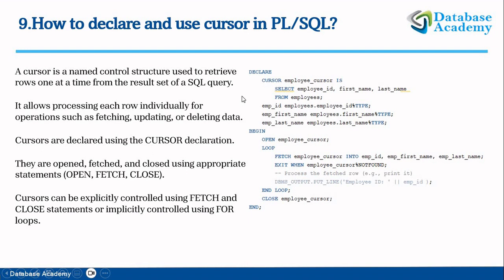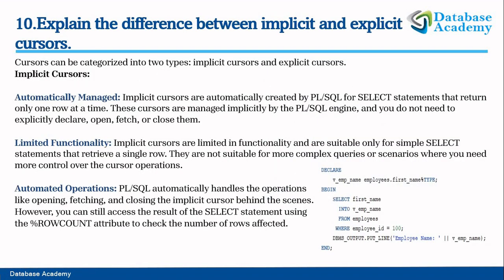These are the three main important keywords used while working with a cursor. A cursor can be explicitly controlled using fetch and close statements, or implicitly controlled using a for loop. So to control and work with your cursor data, we can use this loop or a for loop. Now let's see the next question, the difference between implicit and explicit cursor.